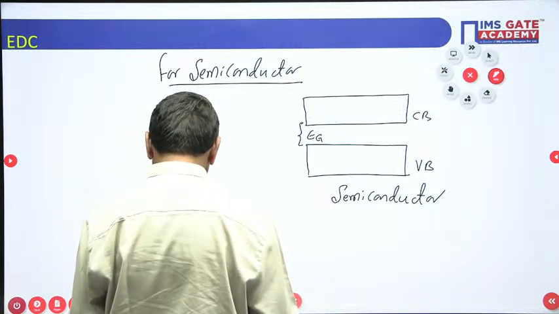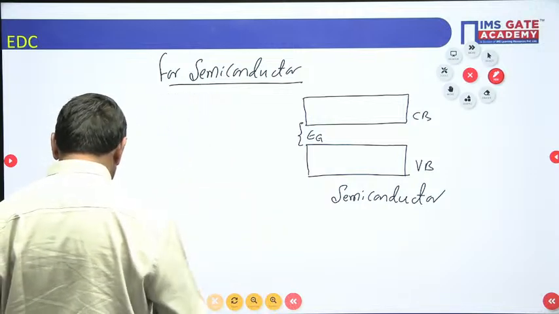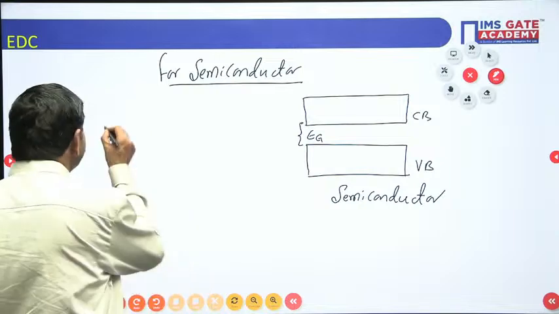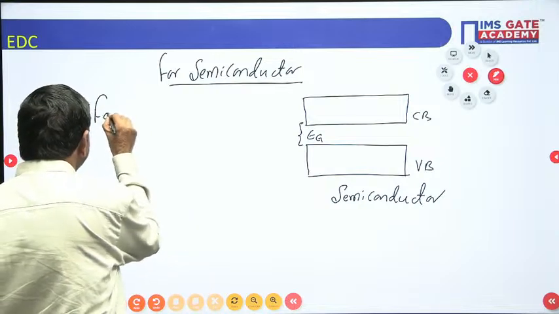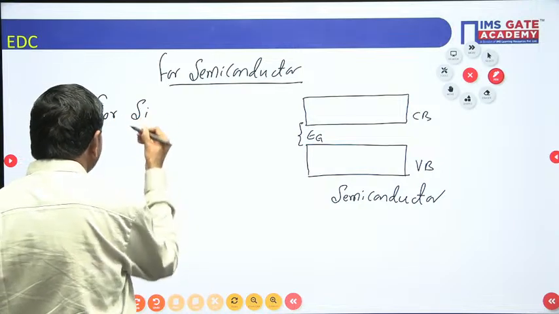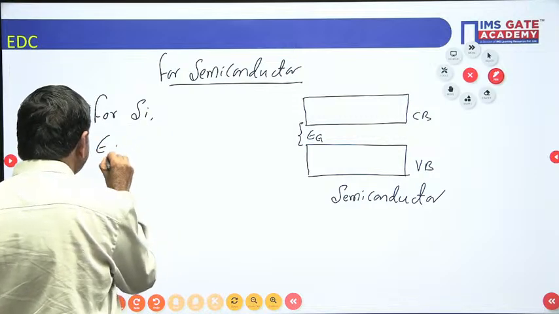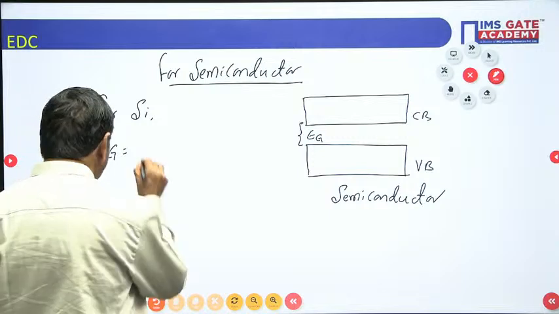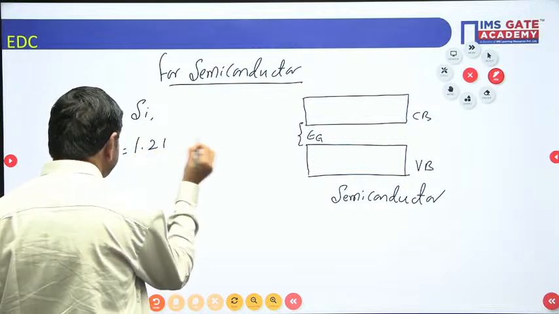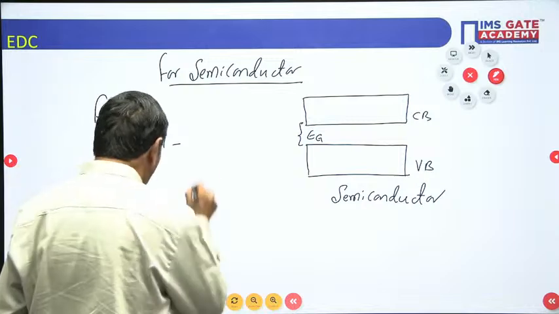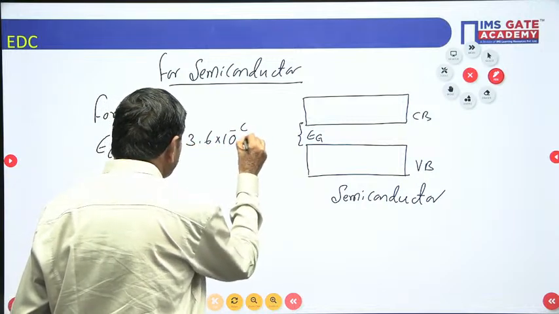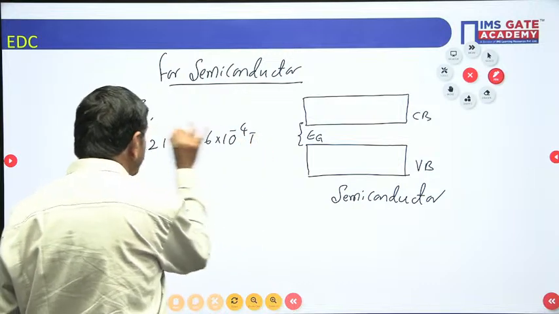So the forbidden energy gap for silicon is calculated by the formula 1.21 minus 3.6 into 10 power minus 4 into T. This formula is used.